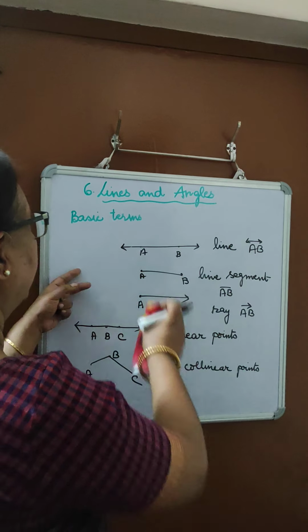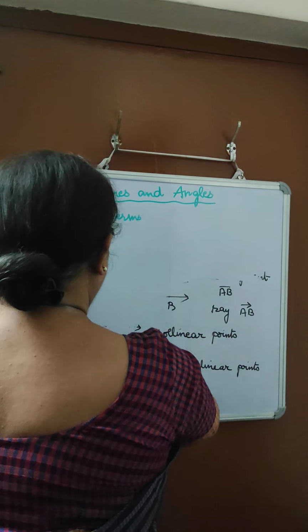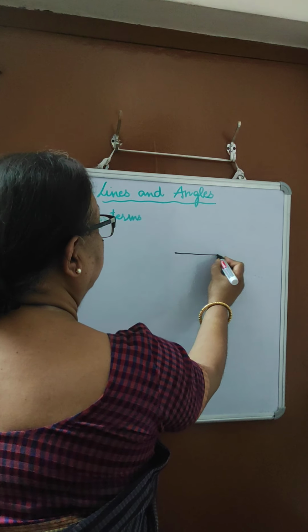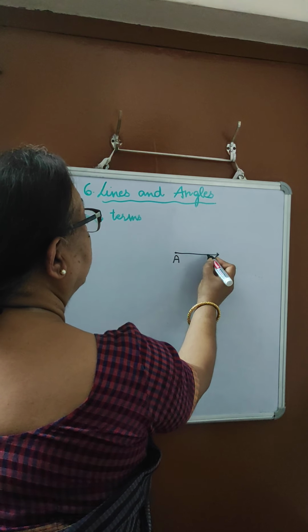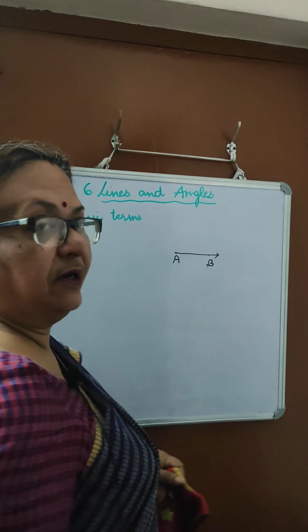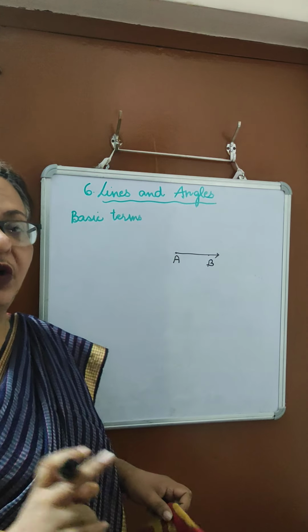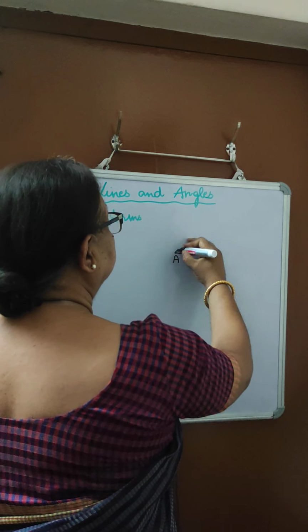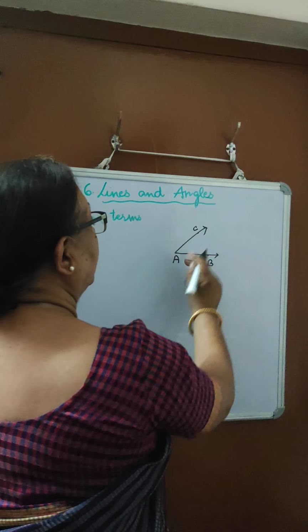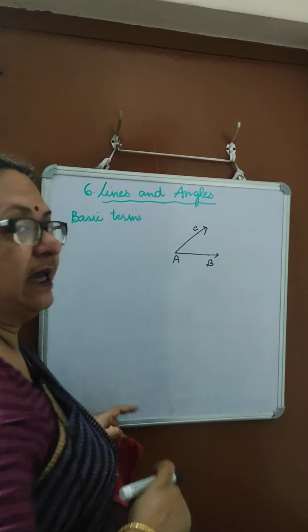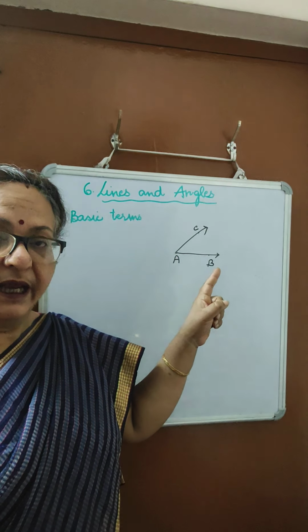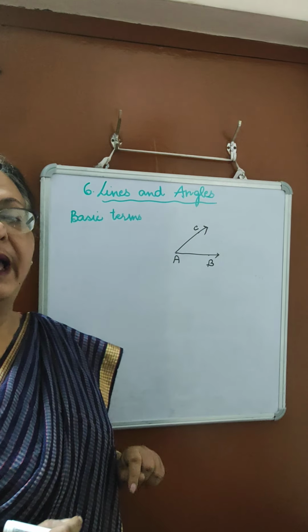Okay children. Next, let us see, suppose you have a ray. AB is a ray, and suppose I draw another ray AC with the same end point, both of them having the same end point. Then these two rays form an angle.